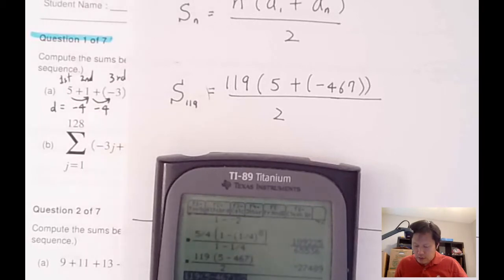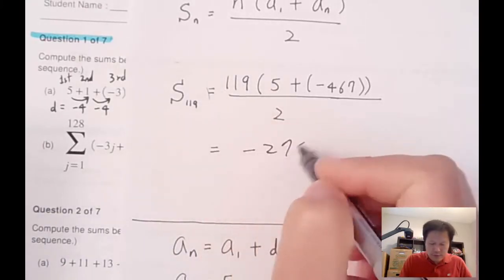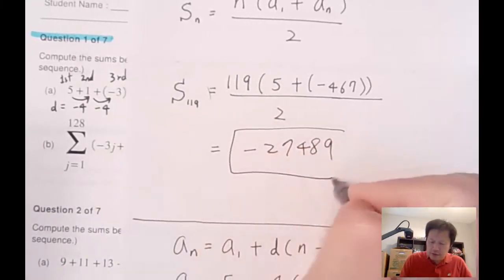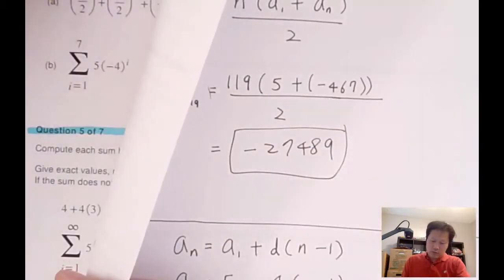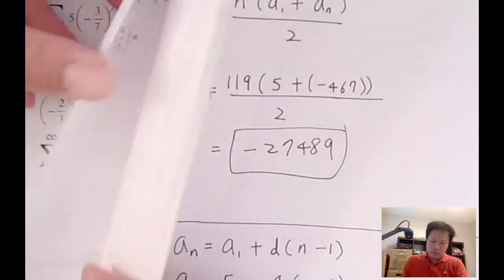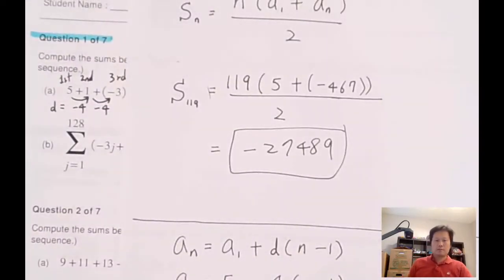Okay, 119. I got minus 27489 as a final answer. Yep, that is correct. Okay, one down.